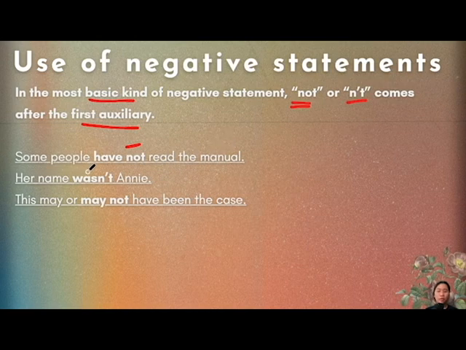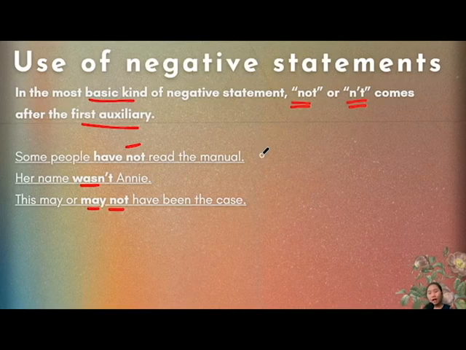Her name wasn't Annie. Attachment of this to the auxiliary was. This may or may not have been the case. We have a not over here after may. So these are all examples of negative statements.